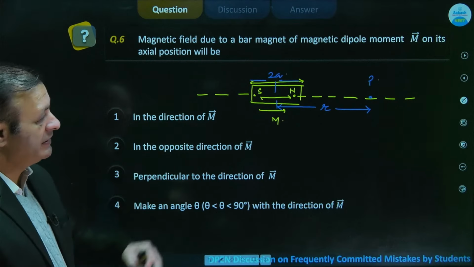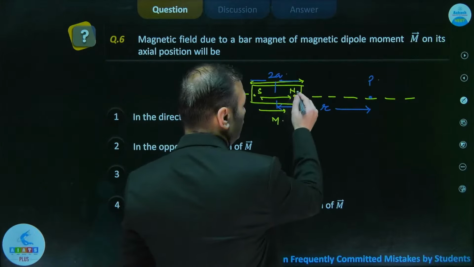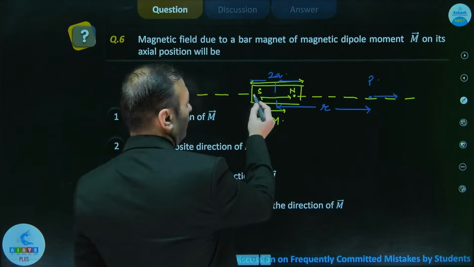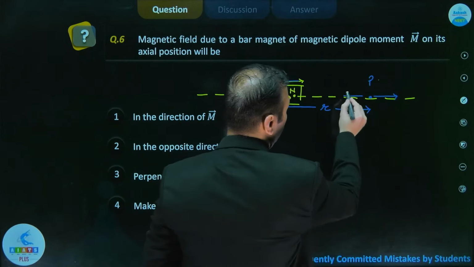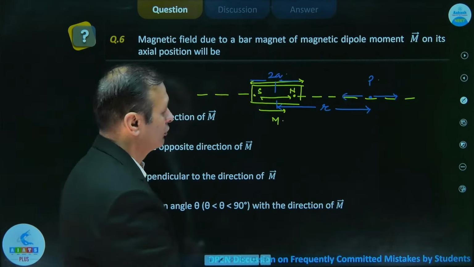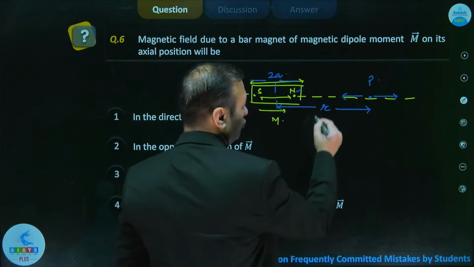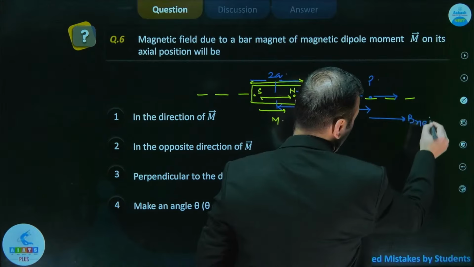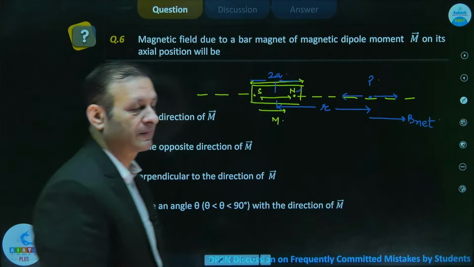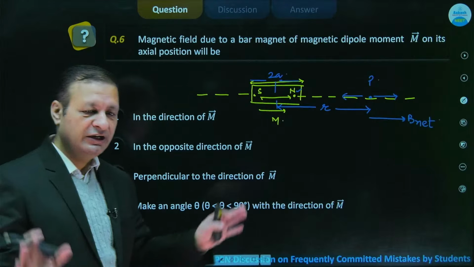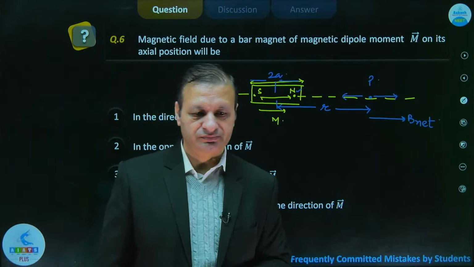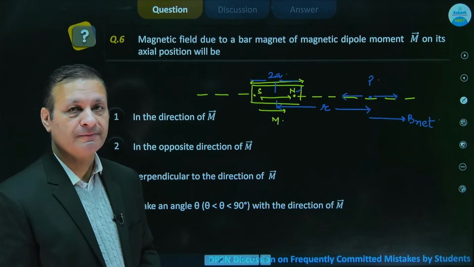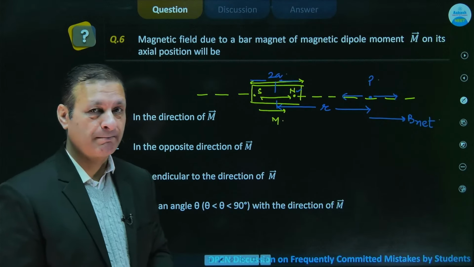So at point P, the magnetic field due to this north pole would be radially outward, but for the south pole it would be radially inward, because north is closer to point P, so the net magnetic field is like this. Any doubt from this part? I hope this is clear.